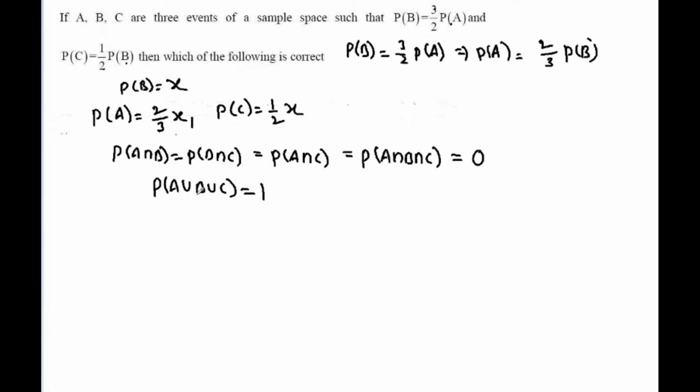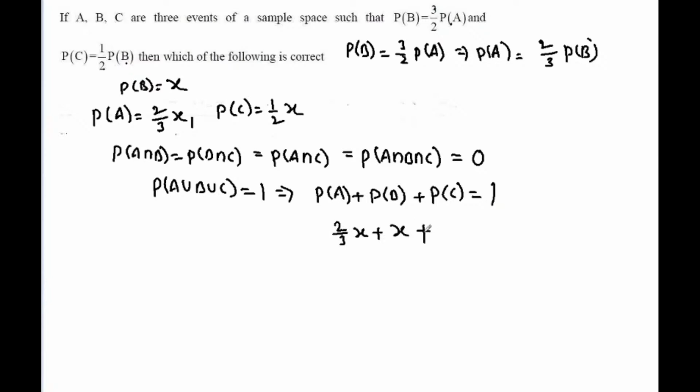That means probability of A plus probability of B plus probability of C is equal to 1. Probability of A is 2 by 3 into X.